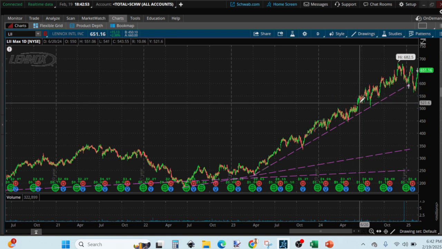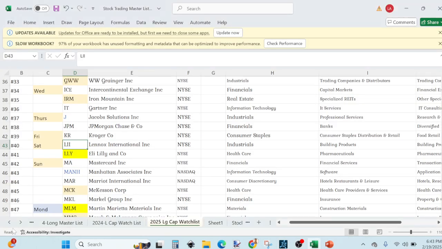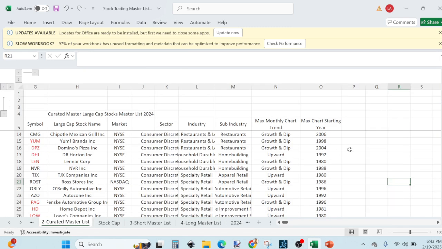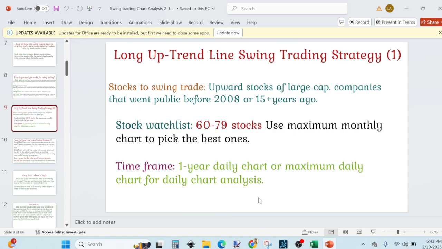At the end of the year, you can look at your master list of those good stocks before you pull a smaller portion that you know you can analyze within an hour to form your watch list. You can eliminate the ones that didn't behave well, that you didn't have a good experience with, out of your watch list, and add some more to it from your master list as well. But yeah, that is the long swing trading strategy that we are using.